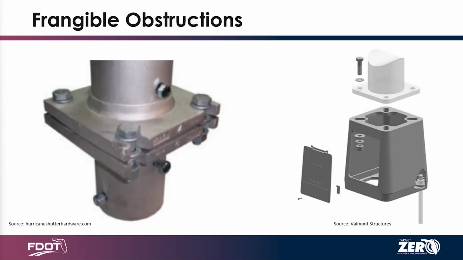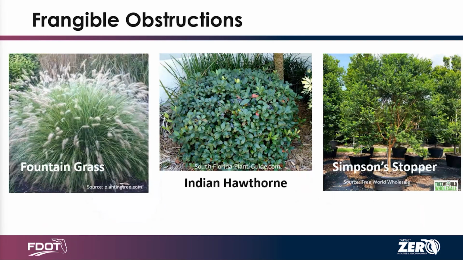There are also different ways those can be fastened into the ground with a Wallman structure, and all of those are part of that products list that I shared earlier. And then there are also different types of landscape vegetation that can be selected to be that frangible obstruction that still provides good coverage and looks beautiful, but does not increase the severity of a crash if a lane departure crash were to happen.